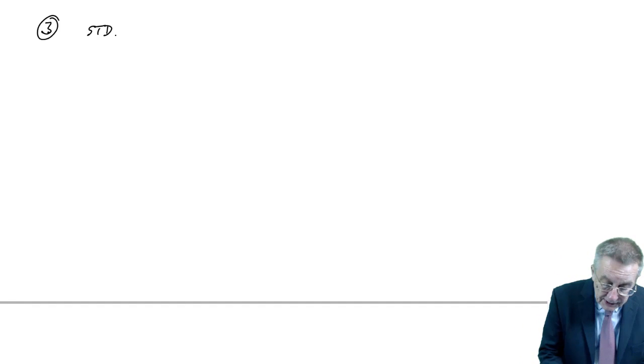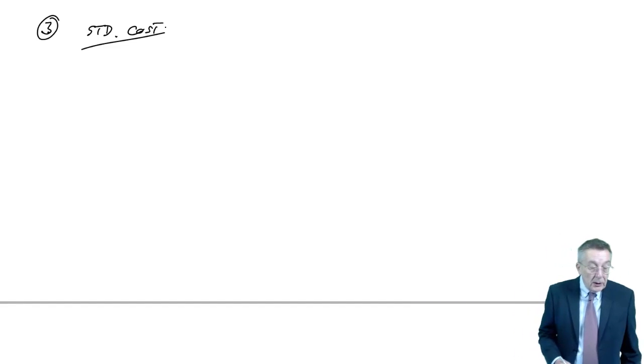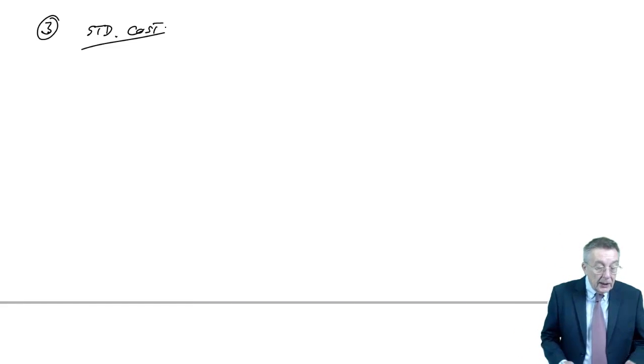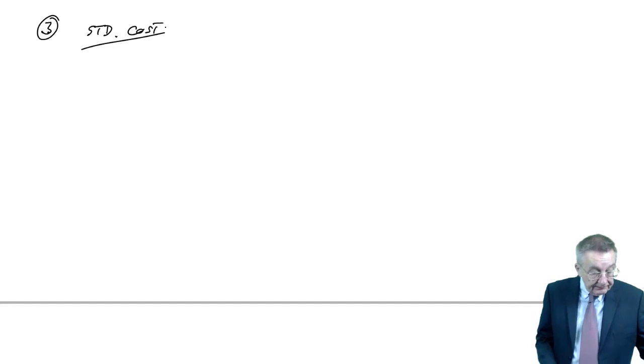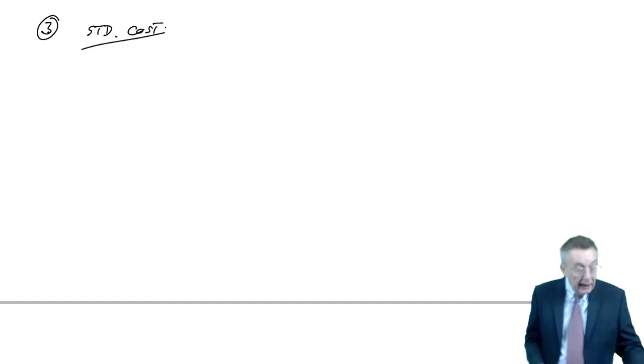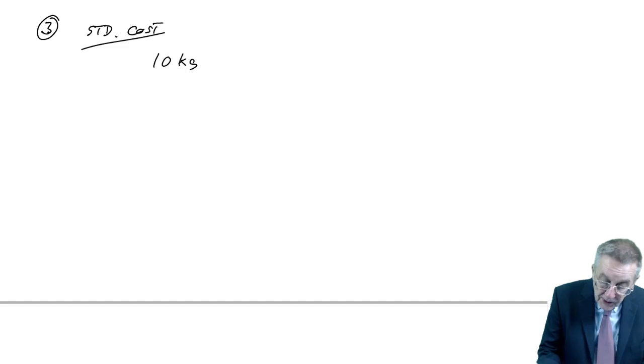But what's happening? On the standard cost card, I'm not going to set up the whole table, but how many kilos of materials should we be using per unit? 5 kilos of J, 2 kilos K, 3 of L. So a total of 10 kilos per unit.